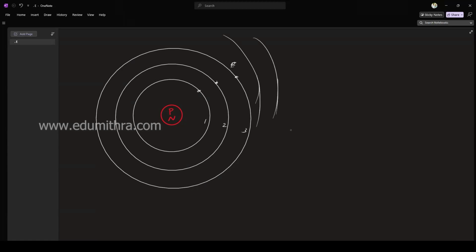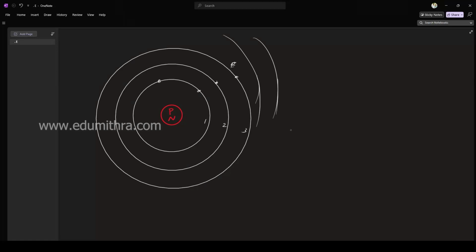So don't worry, there are many lines, or paths, so that the electron can jump in between. Now imagine that there is a cold gas. Cold gas means its temperature is low. Suppose it is hydrogen.